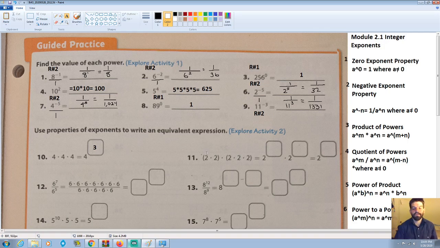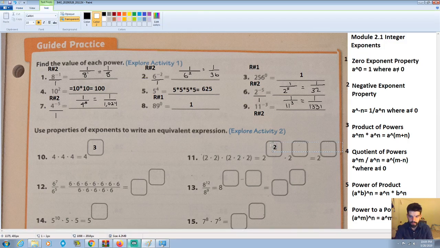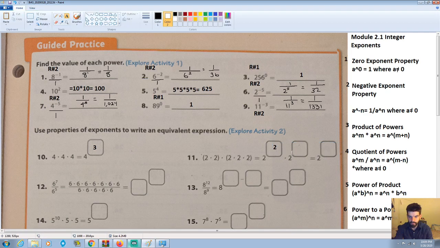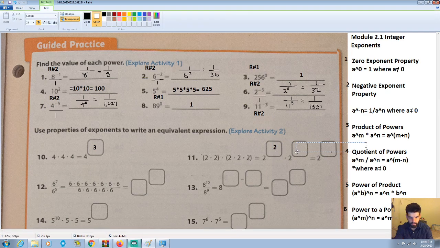Okay. This is going to be 2 times 2 times the quantity 2 times 2 times 2. This is going to be equal to 2 squared, because the first one right here is just 2 times itself, and then this one's going to be times itself twice, or it's going to be to the 3rd power.